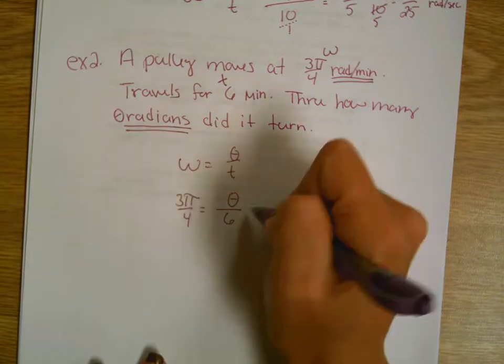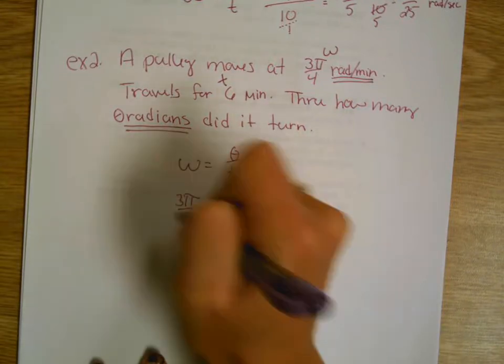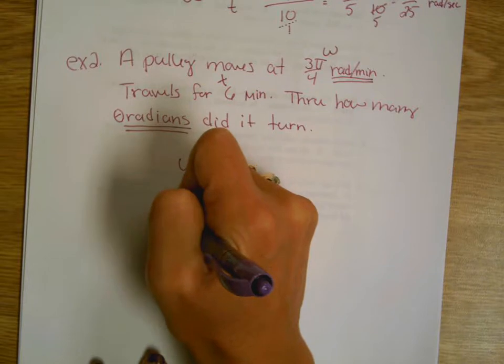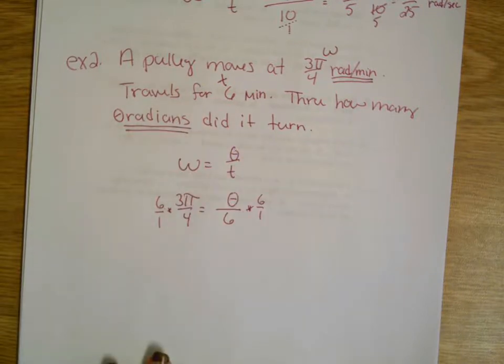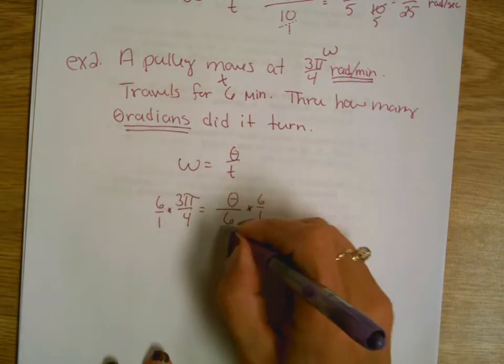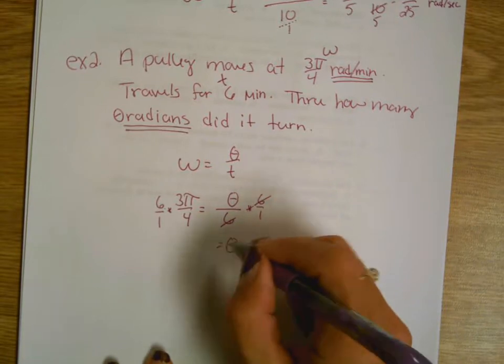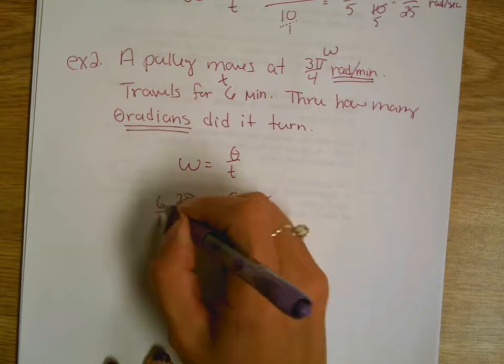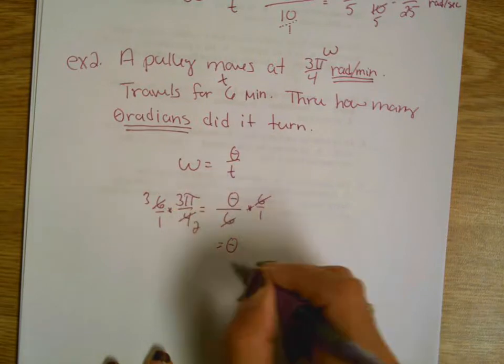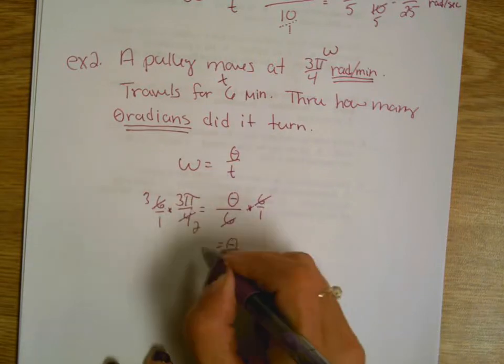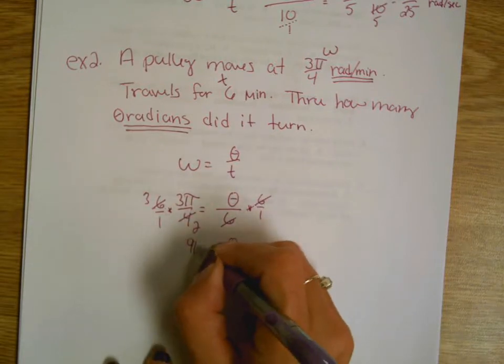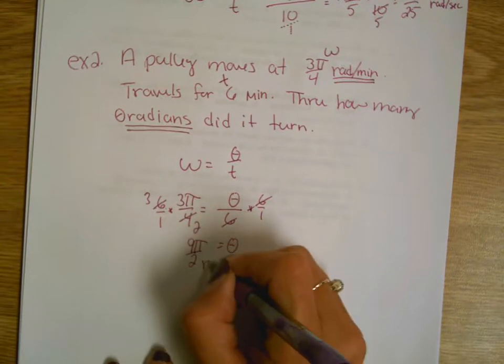Just multiply by 6. Times by 6. And I'll make it 6 over 1 so you can line stuff up. 6's are gone. We'll reduce here. 2, 3. Multiply tops. 9 pi over 2. Radians.